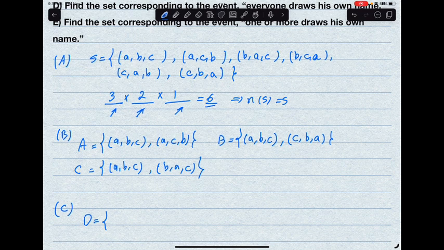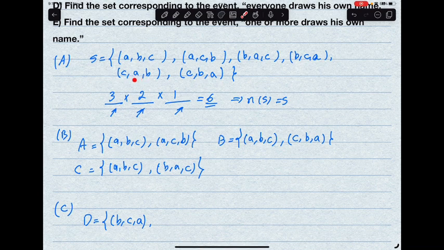So it can be B, C, A. Al draws Ben, Ben draws Chris, and Chris draws Al. So no one picks his own name. What about this one?